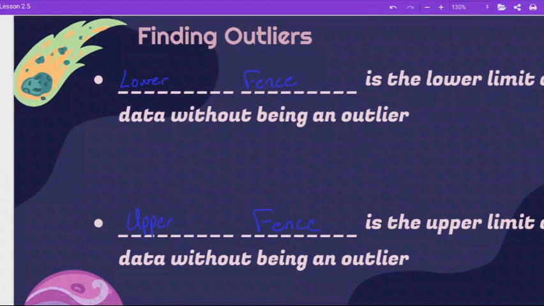Okay, so the lower fence is the lower limit of data without being an outlier. So we're going to give it some constraints. And then the upper fence is on the high side. It's the upper limit of data without being an outlier. So if numbers fall in between this range, well, then it's not an outlier. If they fall outside of this range, then we would consider that an outlier.